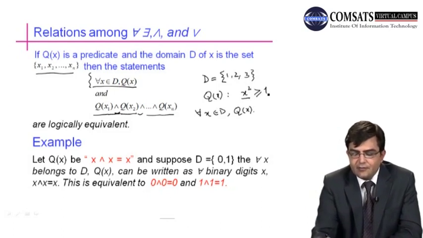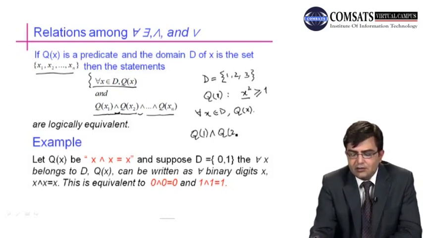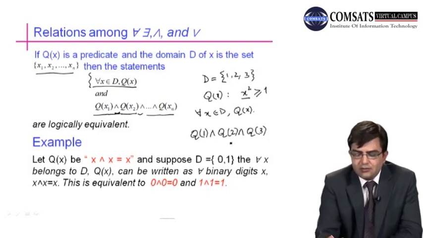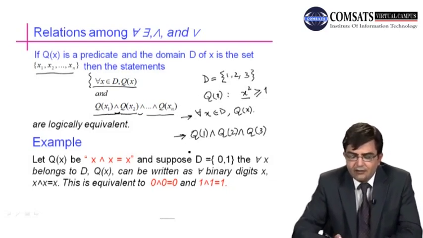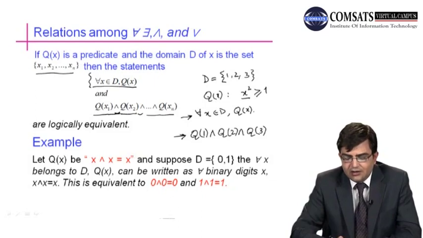Or we can say that Q of 1 and Q of 2 and Q of 3 is true. So saying this is equivalent to saying this, because we have the universal quantifier here.